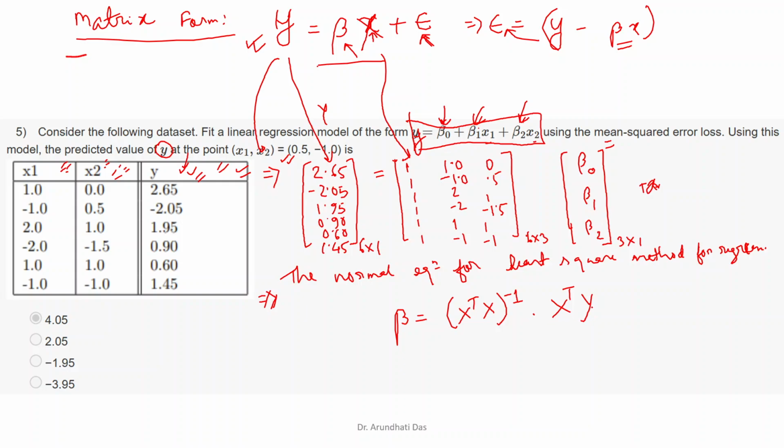How do we end up at this formula? For the derivation of this formula, we have to see the theory of the least square method. There will be some data points and we need to fit the data. To fit that data, we need to find out the cost function: at different theta or beta values, what will be the error or the cost, and where the minimum error will be.